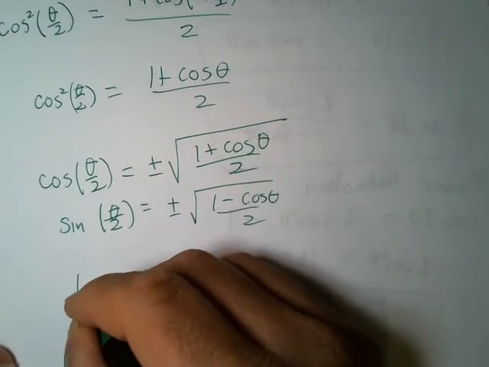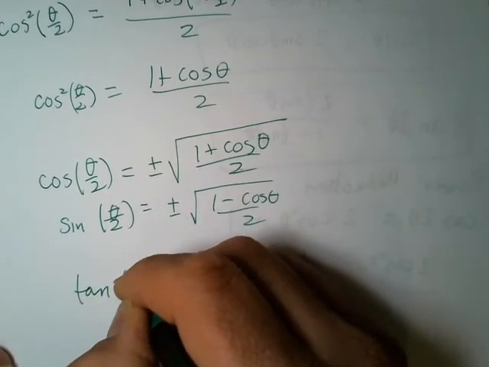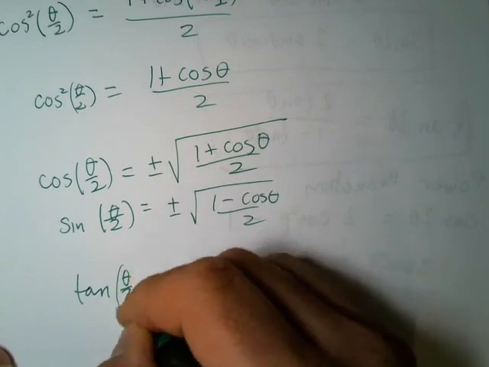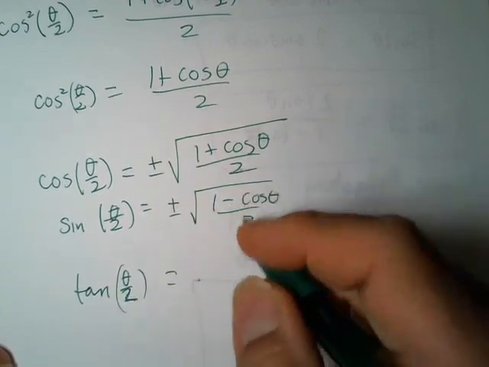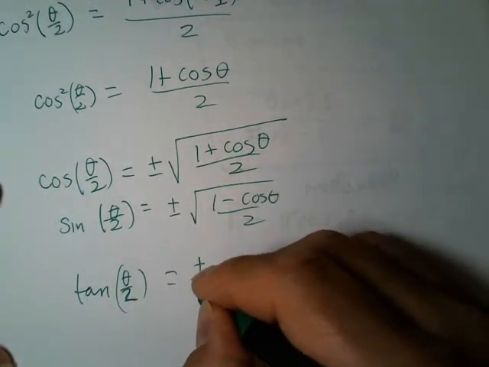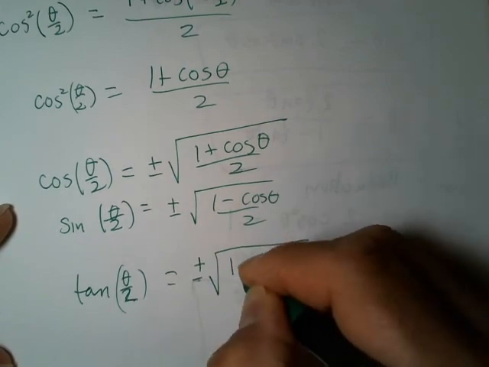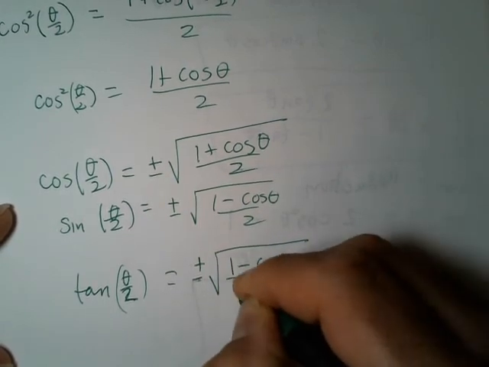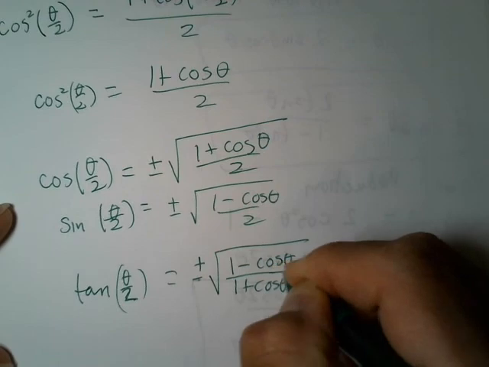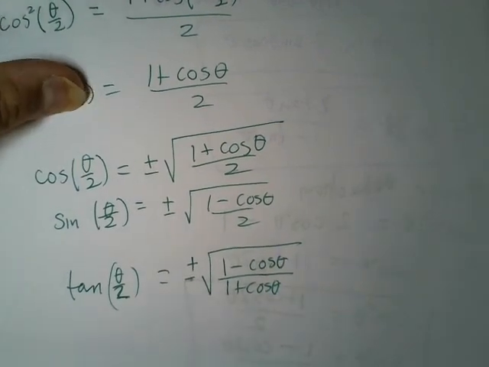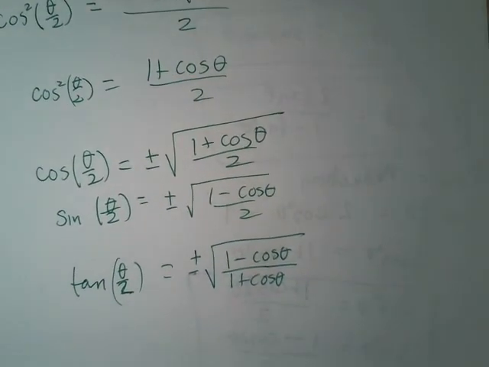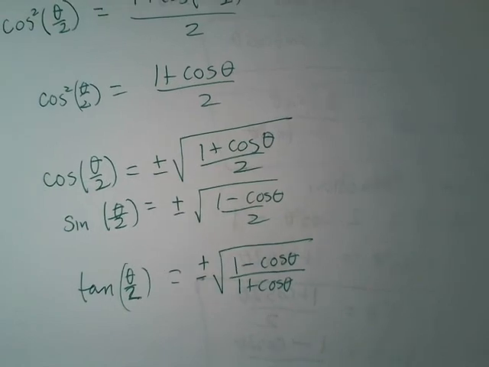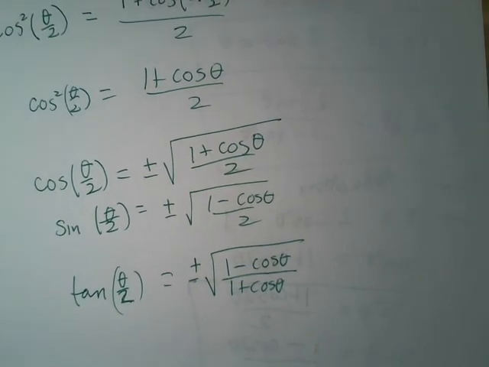And lastly, for tangent, here we'll get 1 minus cosine theta over 1 plus cosine theta. That concludes our identities for this section.